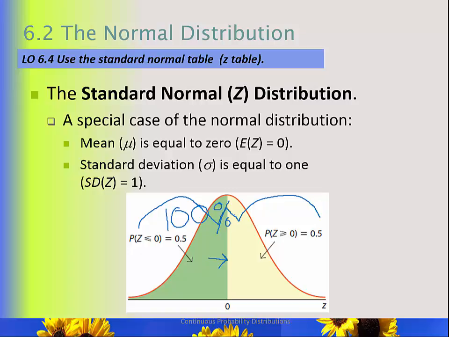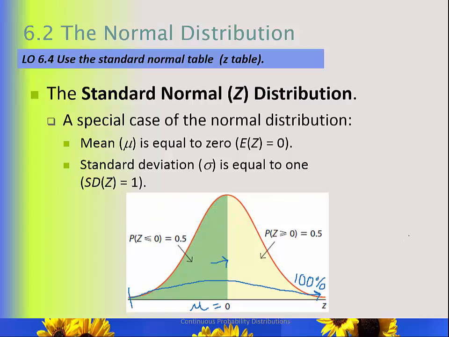Every time we see the special case of the normal distribution, we know that the mean, the midpoint right here, which we often refer to as mu, is going to equal 0, and the entirety of the whole distribution will always add up to 100%.